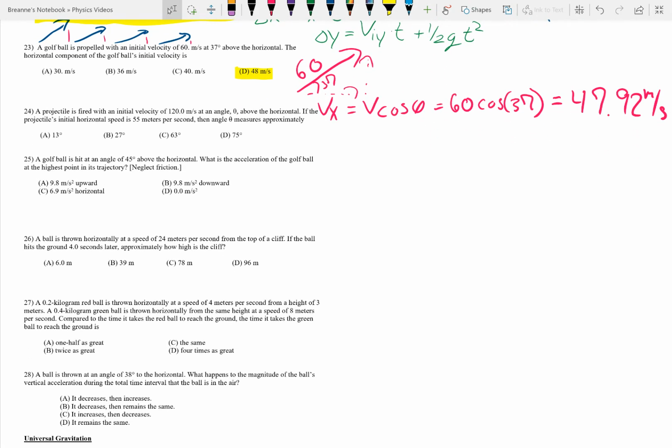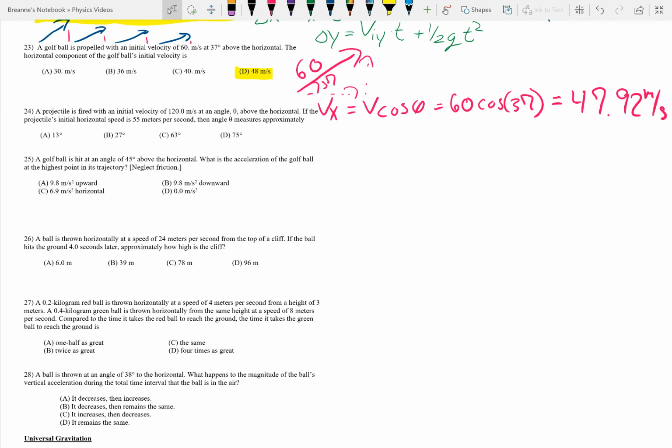Now on 24. A projectile is fired with an initial velocity of 120 meters per second at an angle theta above the horizontal. If the projectile's initial horizontal speed is 50 meters per second, what is the angle?